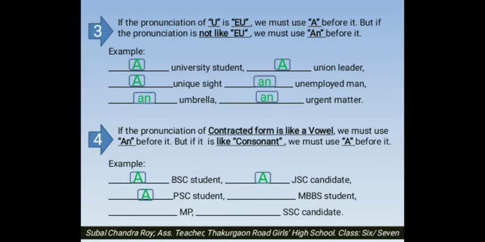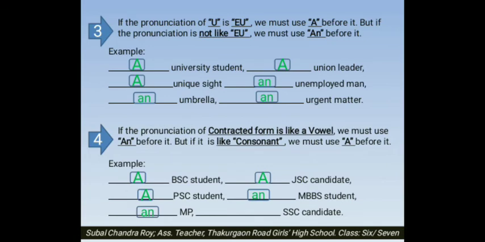So here M is used, and M is pronounced like a vowel. So we have to use an here: an MBBS student, an MBBS student. An MP, an MP. Okay, this one. An SSC student, SSC.